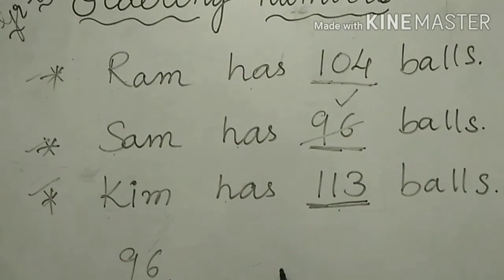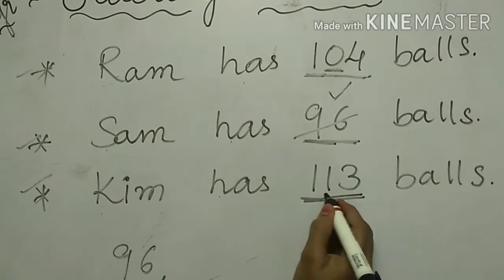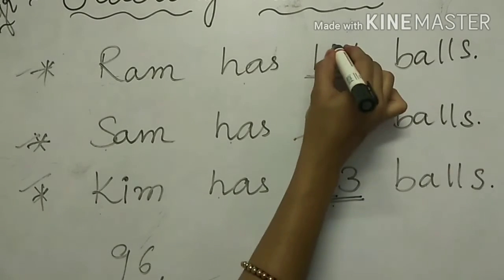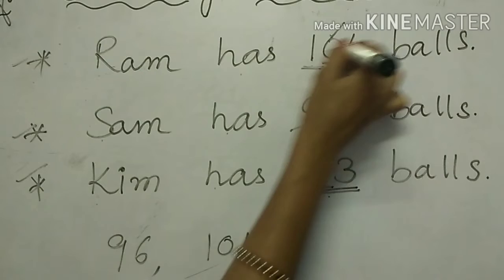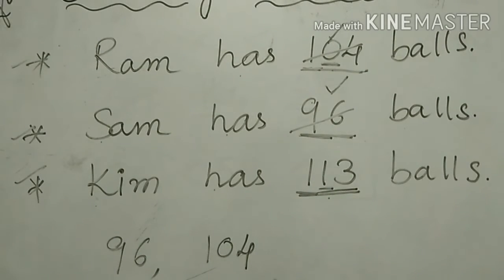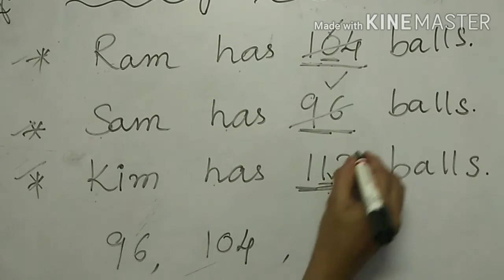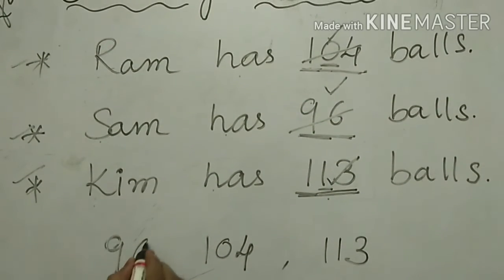Now we have to move to the tens place as we discussed earlier. Here 0 tens, here 1 ten. So which is the smallest ten? 0 means 104. Then which is the greater number? Yes, 113. Now this is the order from small to big.